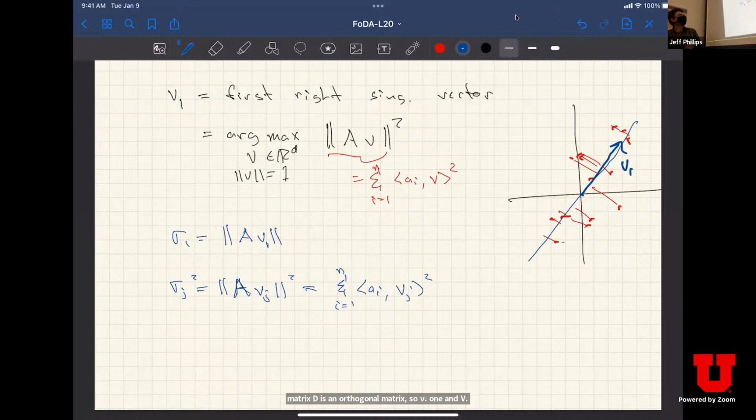Once I find V1, then V2 is the thing that maximizes everything after I've removed V1, the direction of all of the residual. By itself, V2 is not that interesting, but V1 and V2 together give me the best two-dimensional space I could project onto.